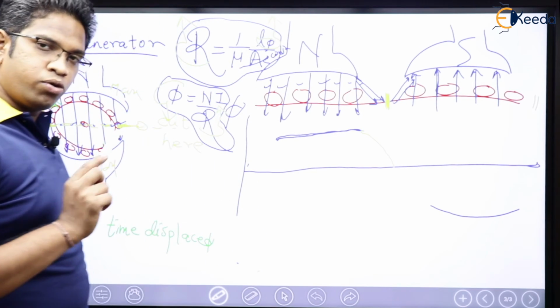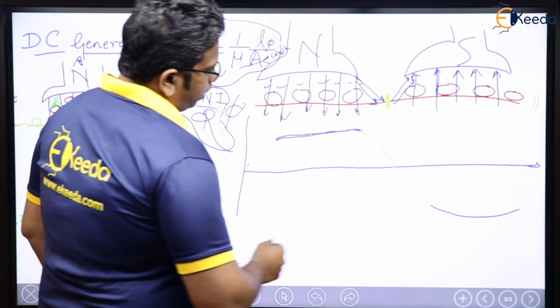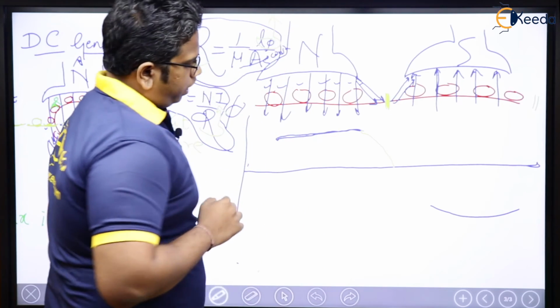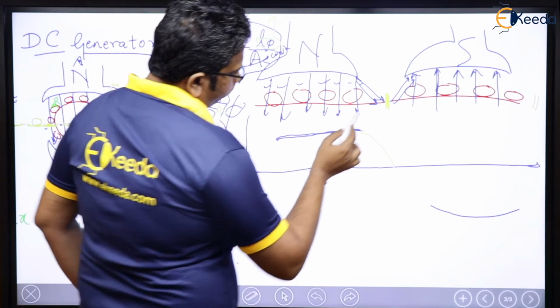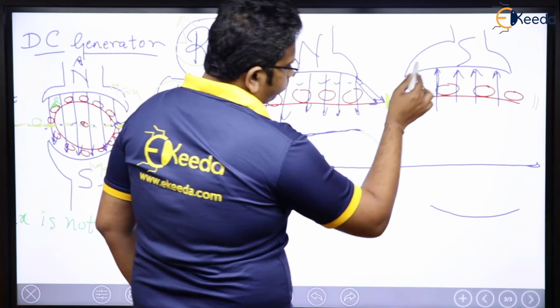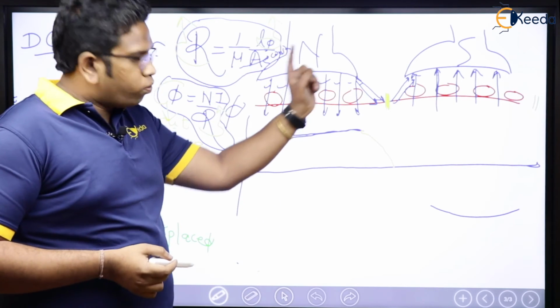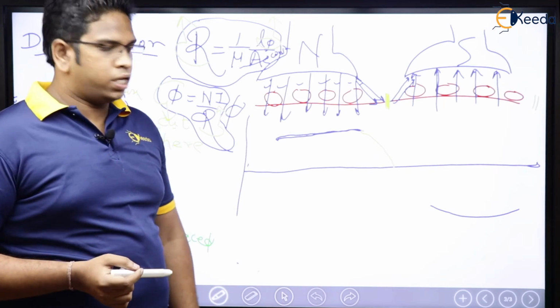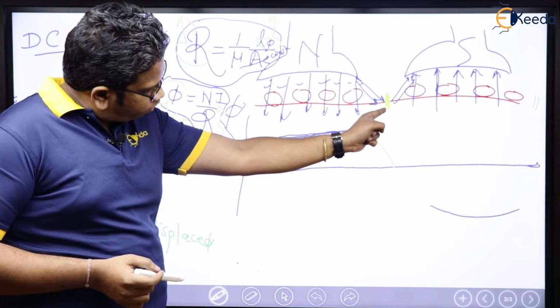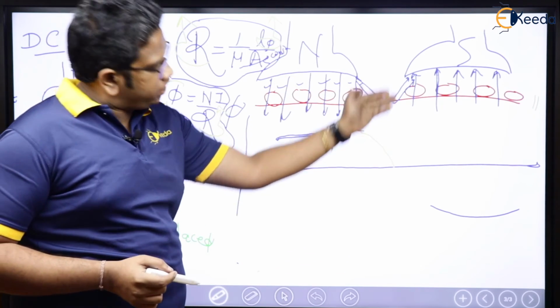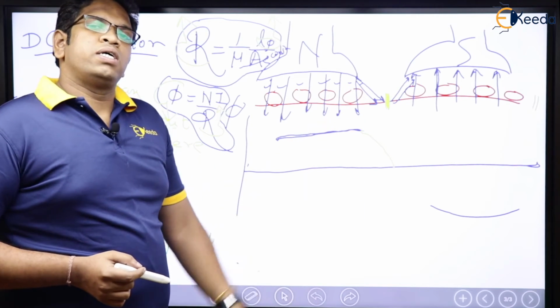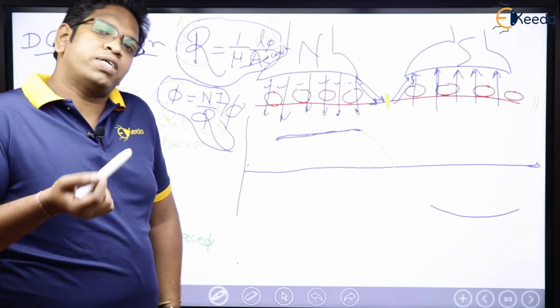Why is it becoming zero? Let us understand. At this particular point, the effect of the North Pole and the effect of the South Pole is exactly similar. And we know that the North Pole and South Pole are exactly opposite to each other. So at this point the effect from the North Pole and the effect from the South Pole is the same, and the effect is opposite.